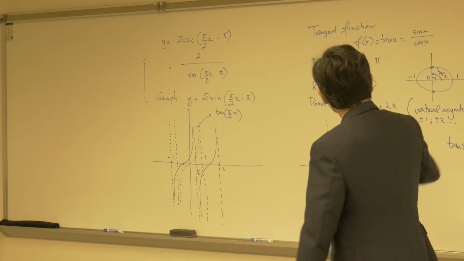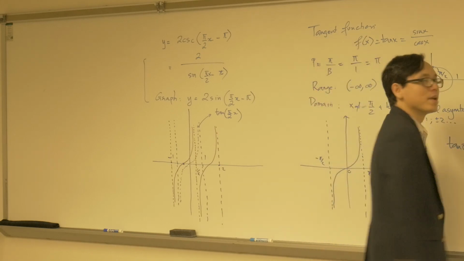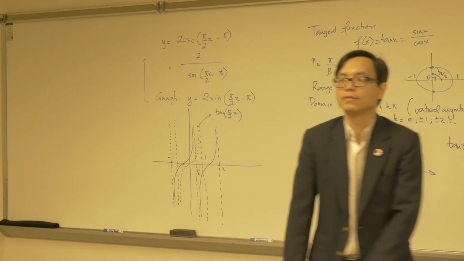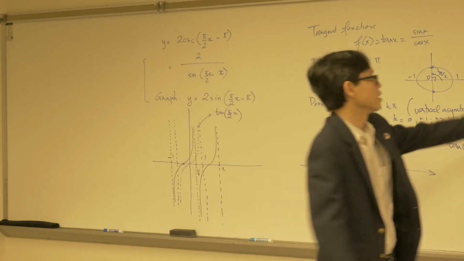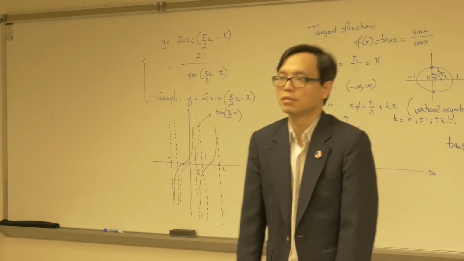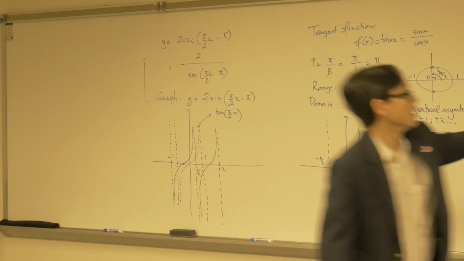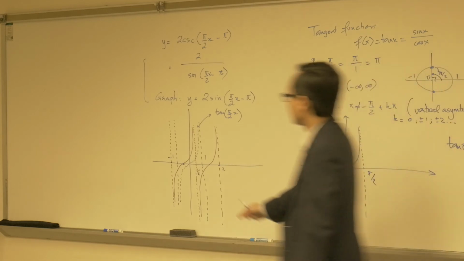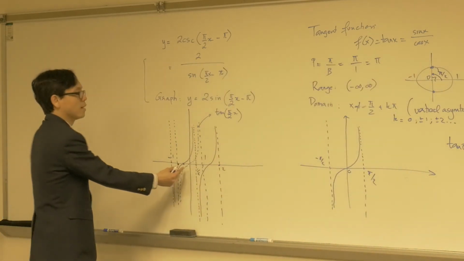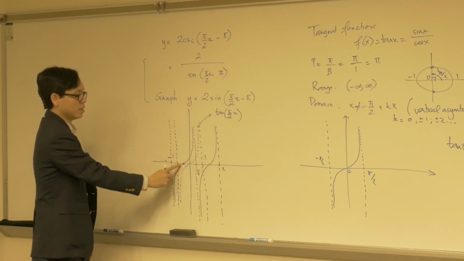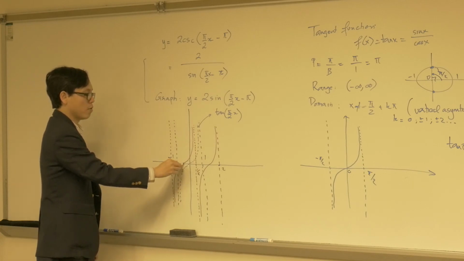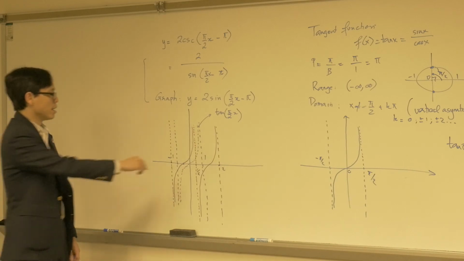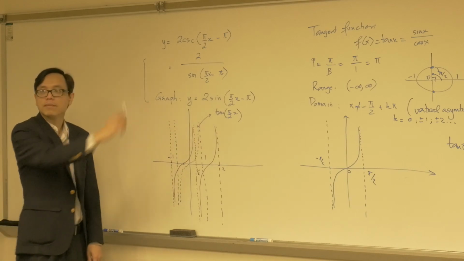All you have to do is find the new period and the phase shift. Amplitude is not a big problem here for tangent. If it is added or subtracted by k units, you move everything up. If you want to move up 1 unit, you move the whole origin up here. And the range will be the same.